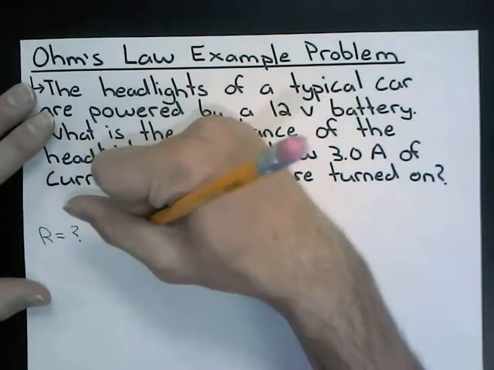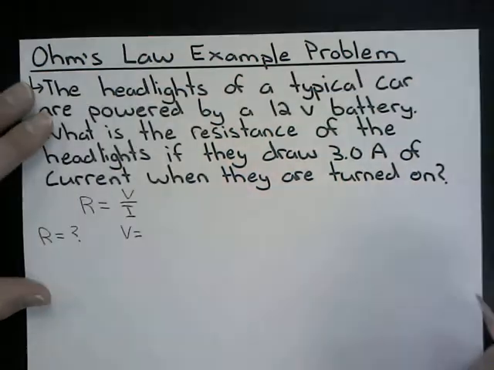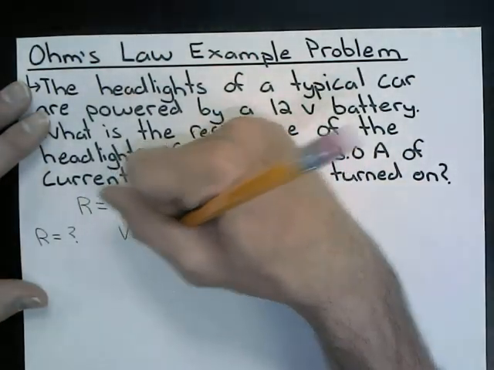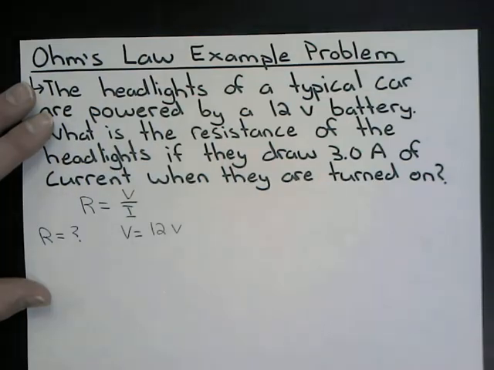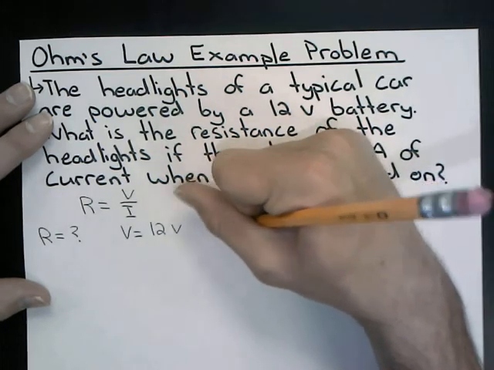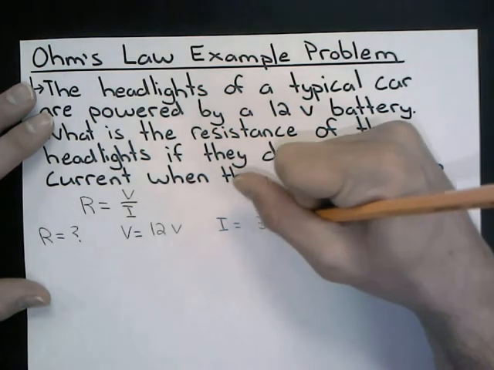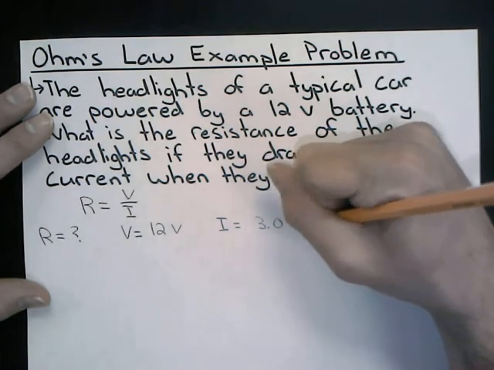Our V is just the voltage that the headlights are being provided, which is 12 volts. The current, which we use the symbol I for, is in amps, which is 3.0 amps.